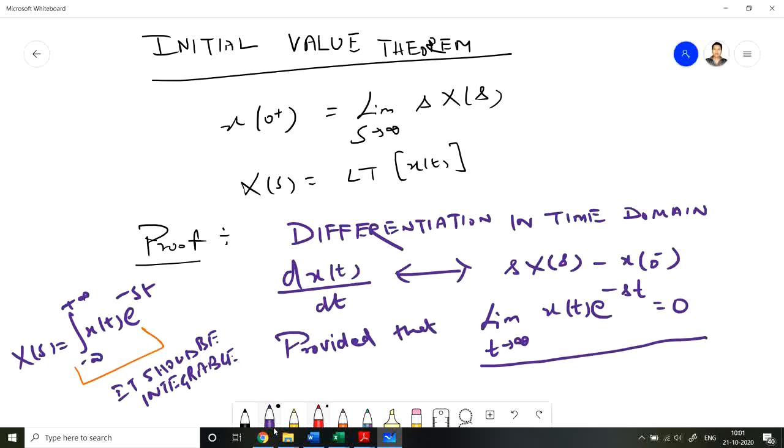In order to get this relation, we have to provide this condition. This is the necessary condition for this differentiation relation.